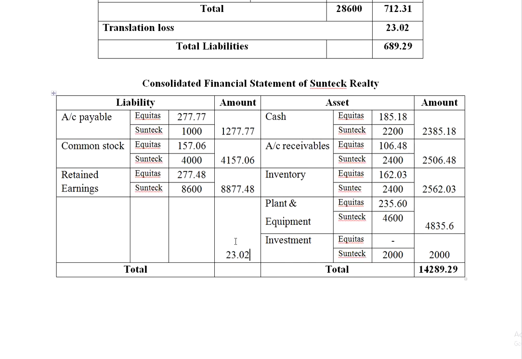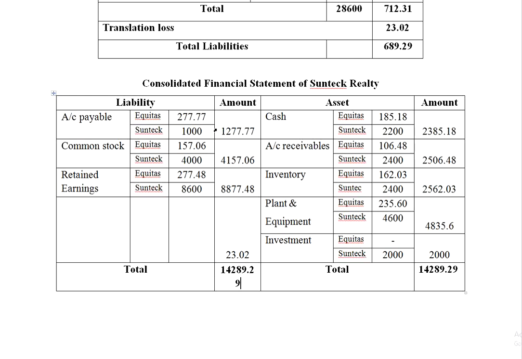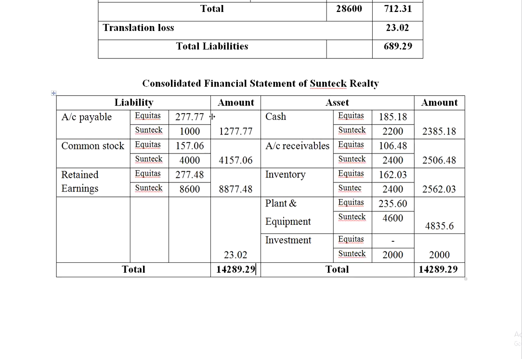23.02 is the difference. So now the value is 14,289.29, right? So there is a small difference, right? This 23.02 is what you have to adjust. So what you have to write for this is cumulative translation adjustment.